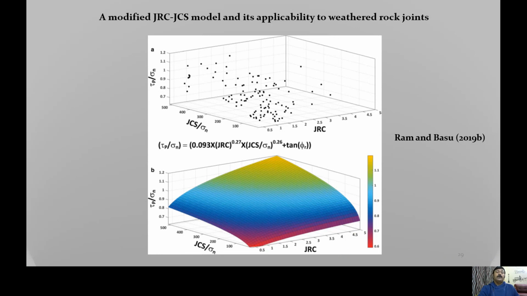But with laboratory simulation of an acidic environment, we investigated the joint surfaces of limestone, and we found that this JRC-JCS model performs efficiently in the case of those limestone joints as well. So it really looks to be very, very promising.